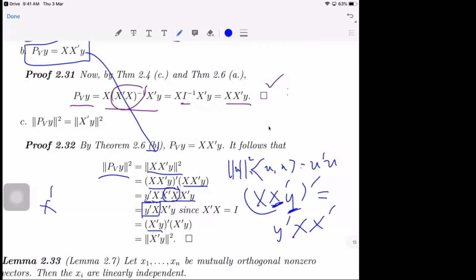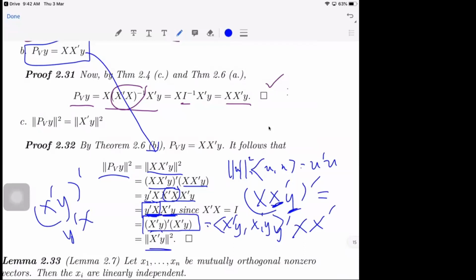Because (X prime y) prime is actually y prime X. Then X prime y. By definition, this is the inner product of X prime y and X prime y, which by notation is the square norm of X prime y. So we see that the square norm of the projection of y onto V is equal to the square norm of X prime y.